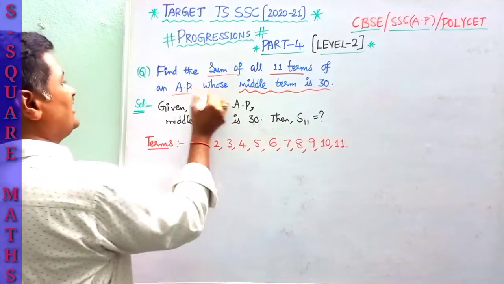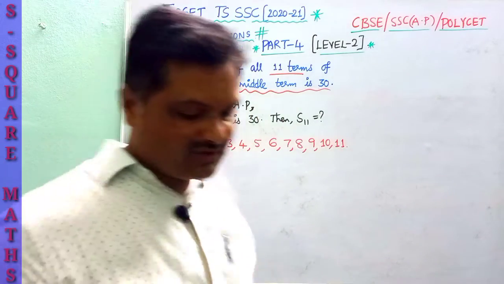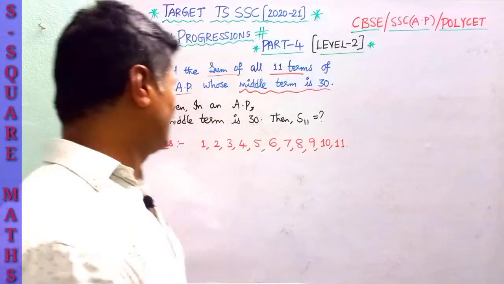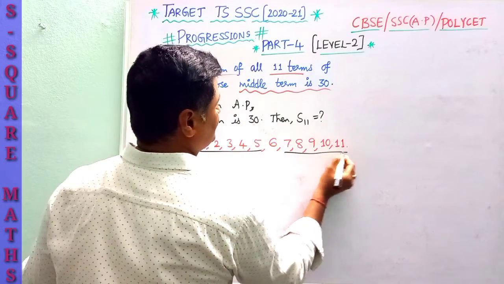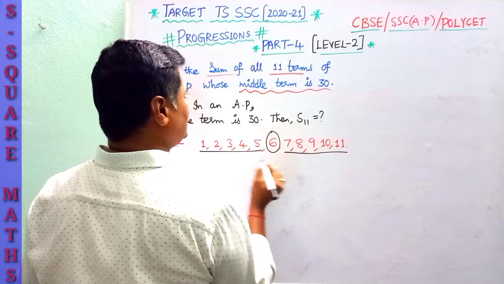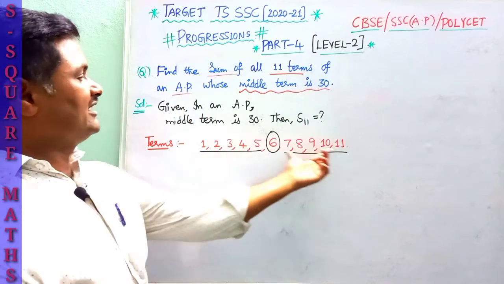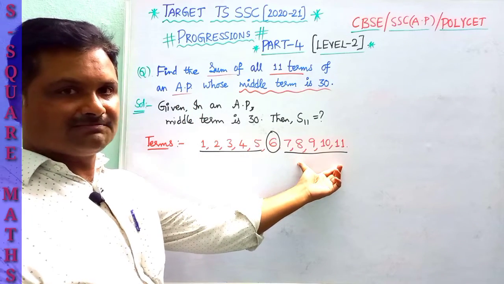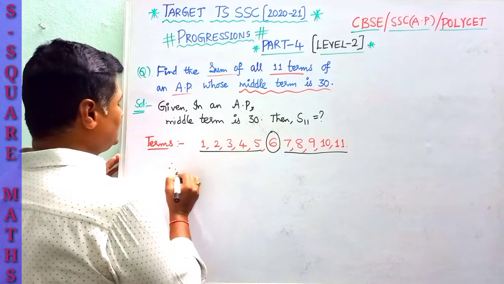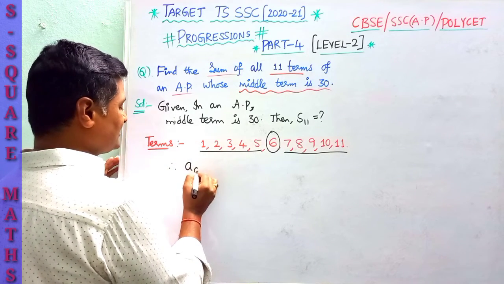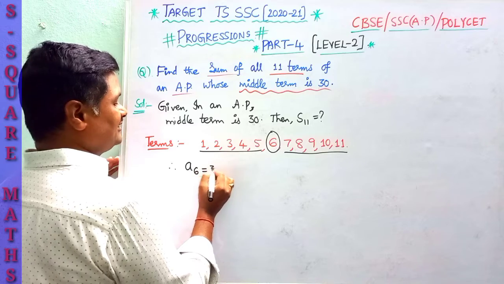The sum you should find, it is an AP. If you observe carefully, the middle term has 5 terms before it and 5 terms after it. 5 plus 5, 10, plus 1, 11. Therefore A6 is nothing but 30.